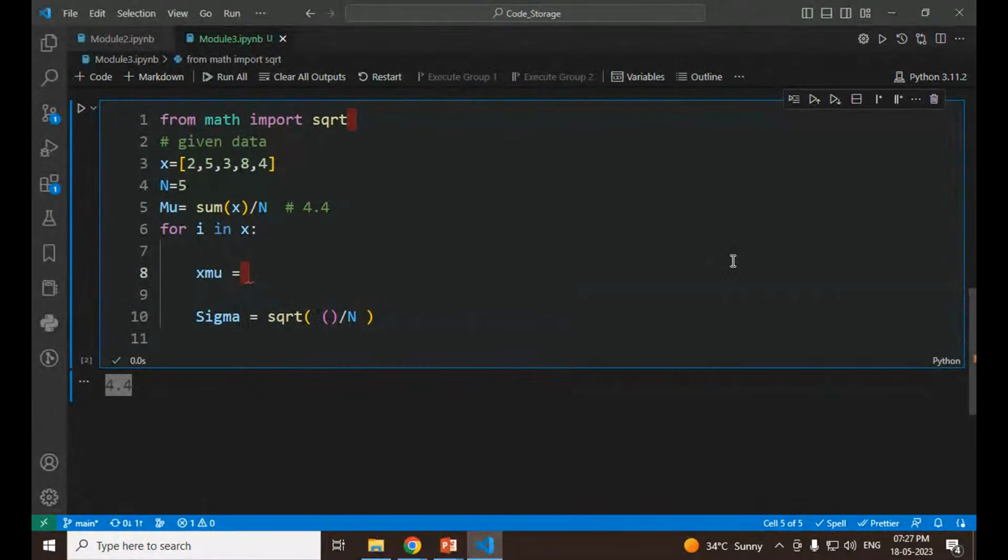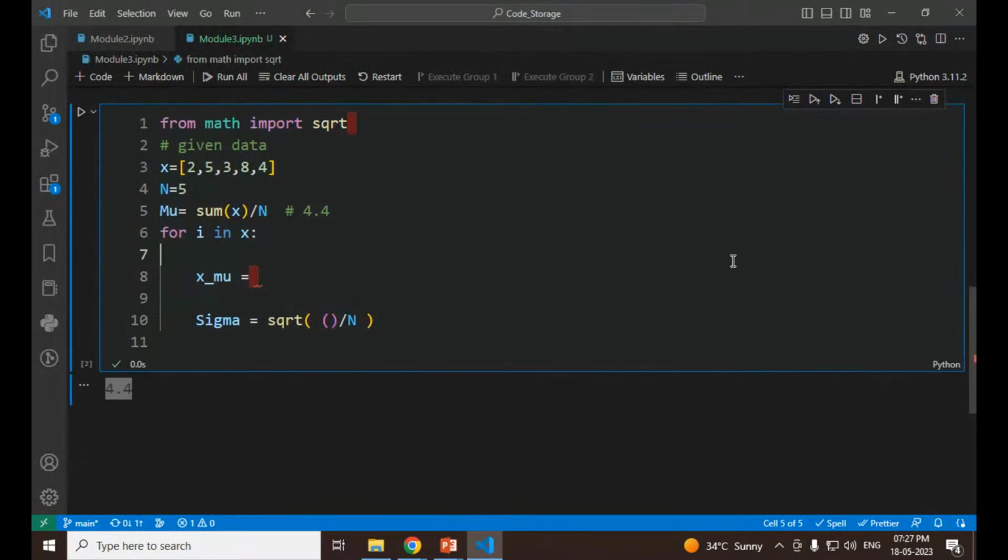Then i minus mu, it will be like 2 minus mu square, 5 minus mu square. We'll write one equation first, then we'll loop it. Okay, i minus mu is mu, capital mu. Okay, that is my calculation.